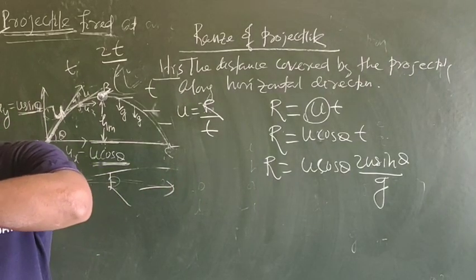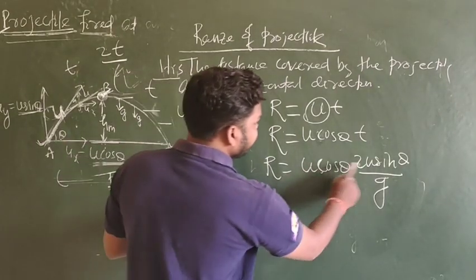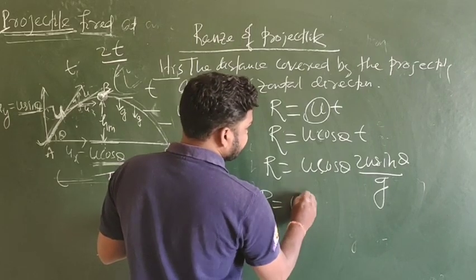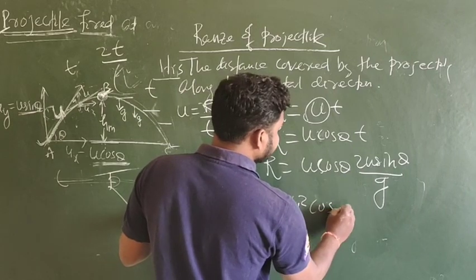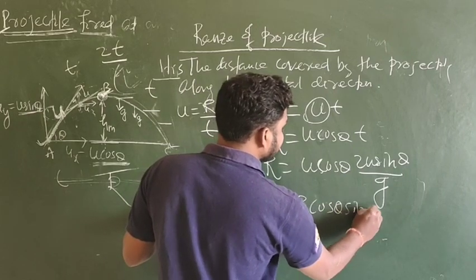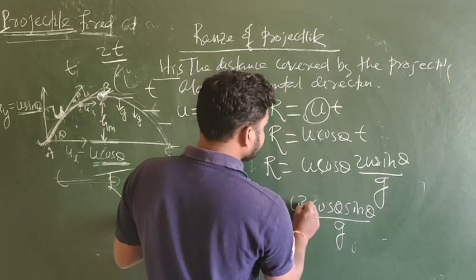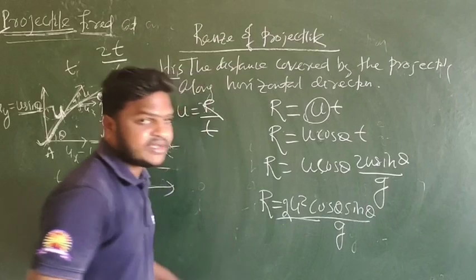Now we can write 2u sin theta by g like this: u into u becomes u square, so u square cos theta sin theta by g, that is 2u square cos theta sin theta by g.